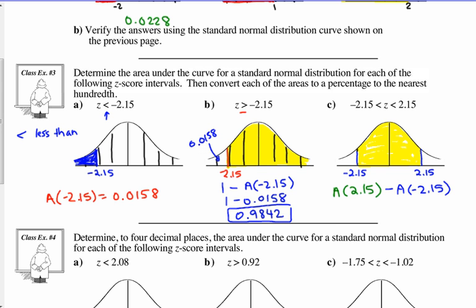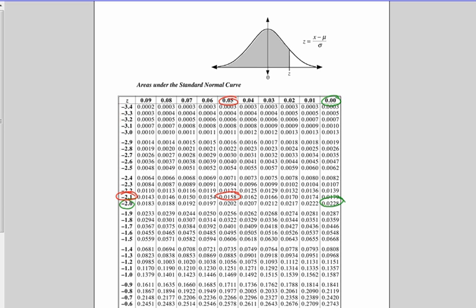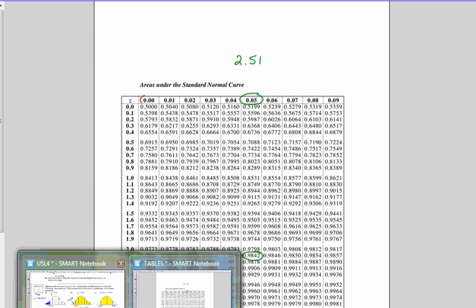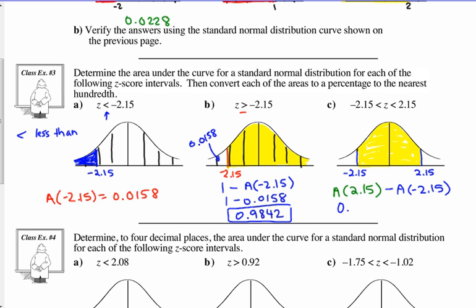So let's look up 2.15. So grabbing our sheets. Here they are. So 2.15, positive 2.15. So 2.1 is right here. And .05, so 2.15 would be 0.9842. 0.9842 would be the area under 2.15.